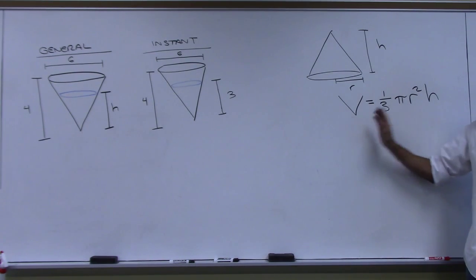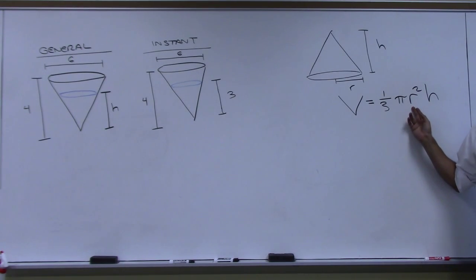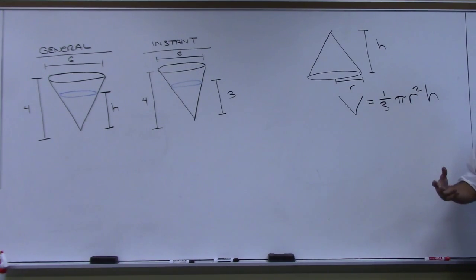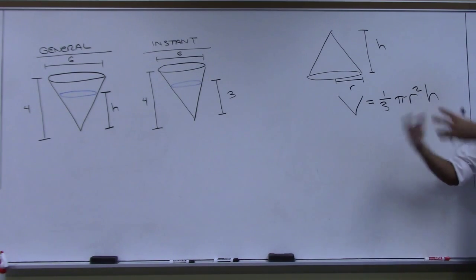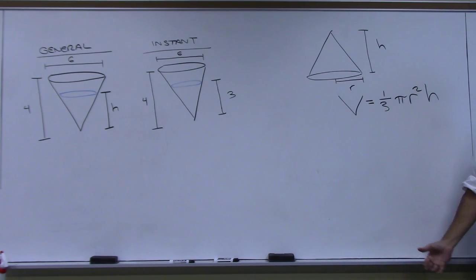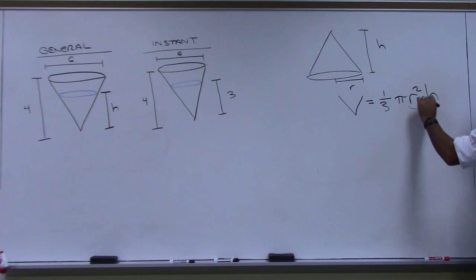Because I have an R in there, I'm going to have a dr dt. Because I have an H in there, I'm going to have a dH dt. dH dt we want, dV dt we're given, dr dt we know nothing about. So we need to somehow try and eliminate the R from the formula. That would be nice, right?